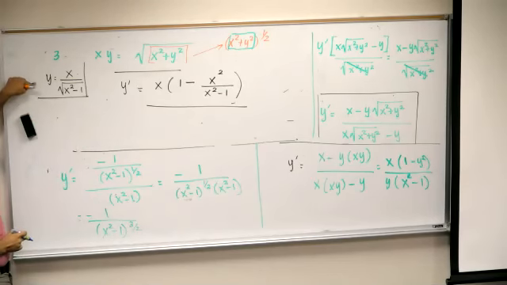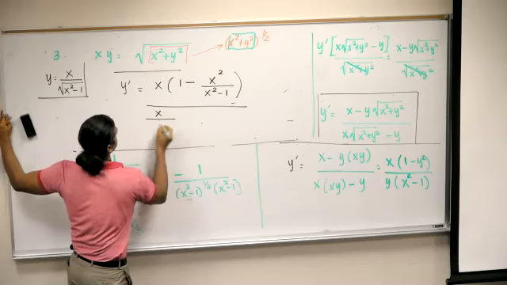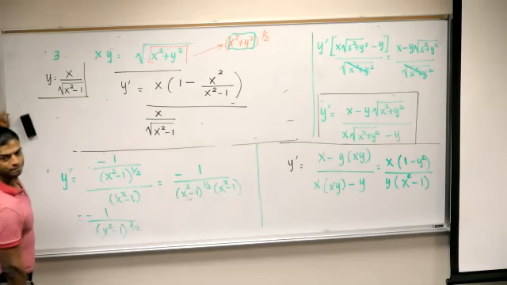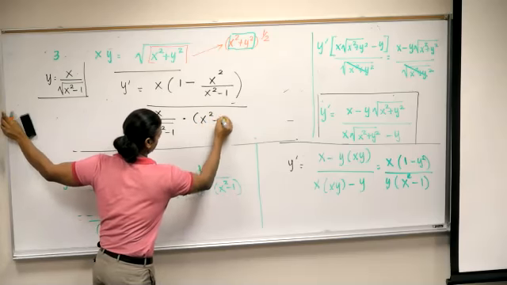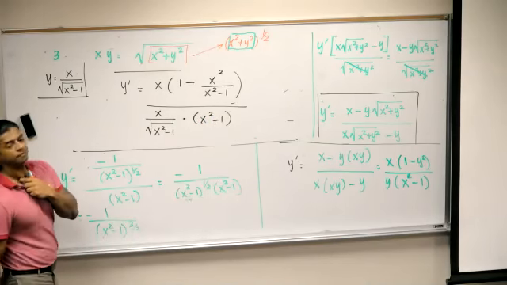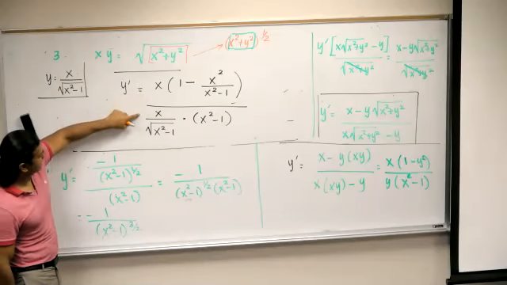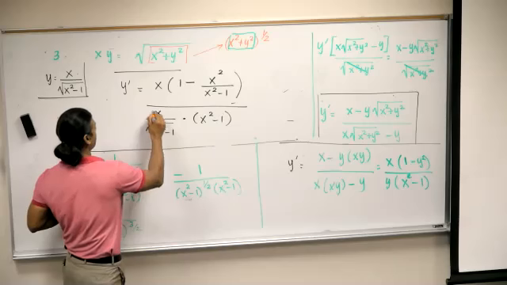Do you agree? So x over the square root of x squared minus 1, times x squared minus 1. There is an x in the numerator and x in the denominator. Those two will get cancelled.